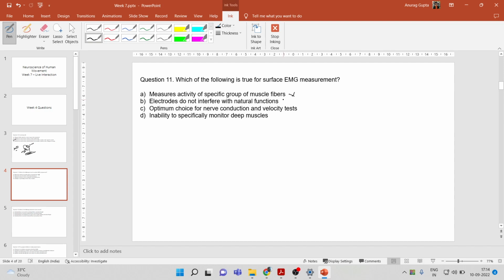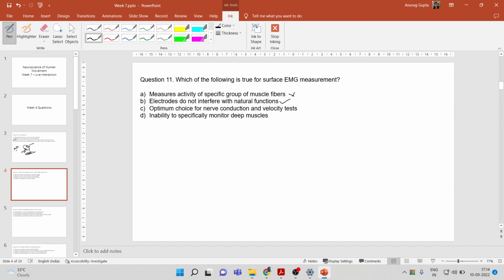One is surface electrodes, and the other is needle EMG. In the case of needle EMG, when you insert the needle into the muscle, it's going to interfere with the natural function. But in the case of surface EMG, since it's on the surface, it's not going to interfere with the natural function of the muscle. So this is the correct answer.